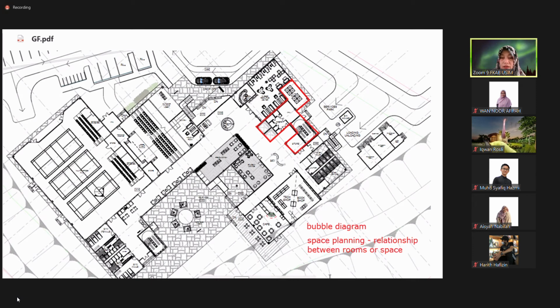Then, after you do the space planning, based on your bubble diagram. Okay, let's say you have your bubble diagram.